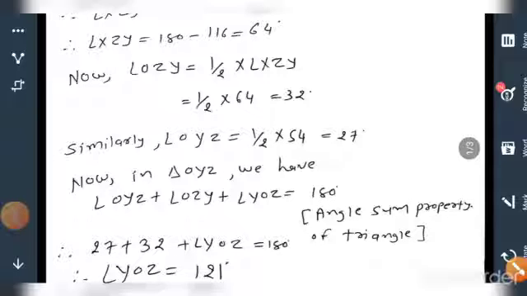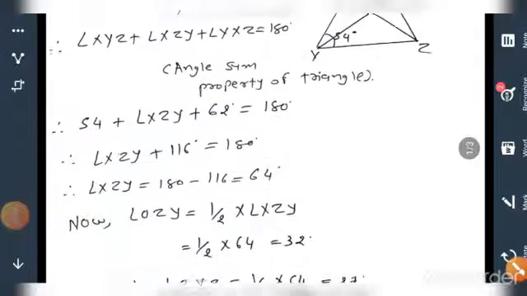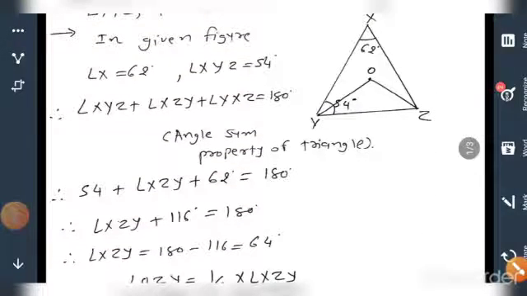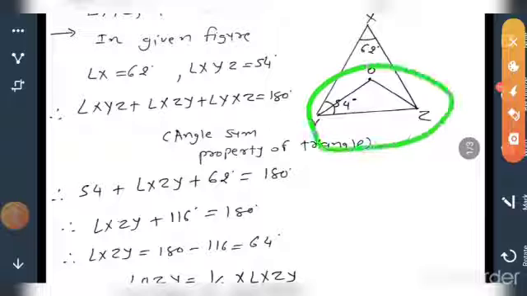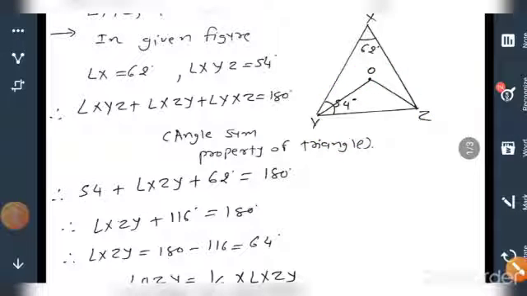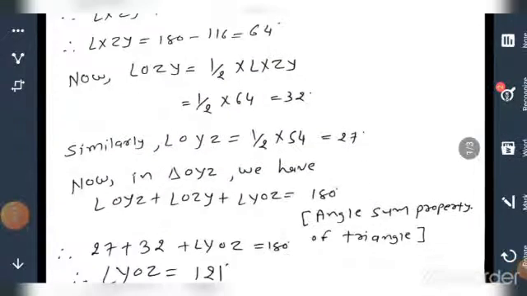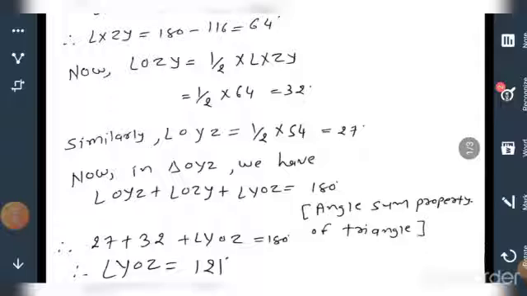Now in triangle oyz, we have oyz, ozy and yoz, that is the angle sum property. Here you can see that oyz plus ozy and yoz, these three angles have sum 180 because that is the angle sum property of the triangle.